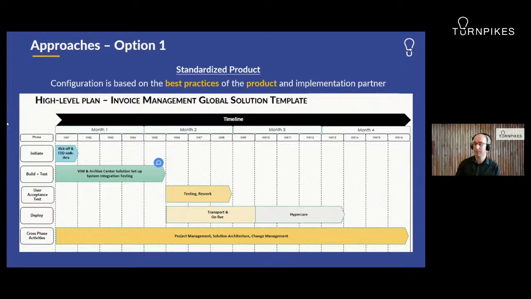Pros of this approach, aside from lower cost, is also a really faster time to go online with the new solution. And of course, this is suitable primarily for customers who are new to VIM, who are just exploring what VIM can actually do.